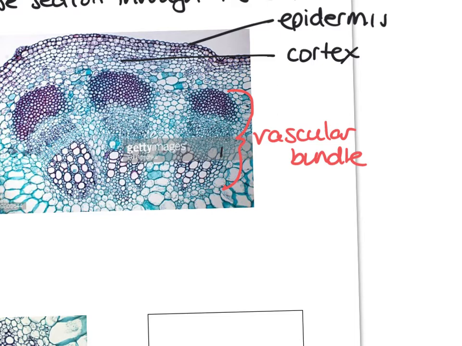Now, if we look at this in more detail, this is actually the vascular bundle, I suppose I really should have done that as a vascular bundle, don't worry. The large vessels are the xylem vessels, the large hollow ones, and they're the ones that are close to the centre. These ones are phloem. In this diagram, we have a big bunch of fibre, which really gives a lot of support to the plant.